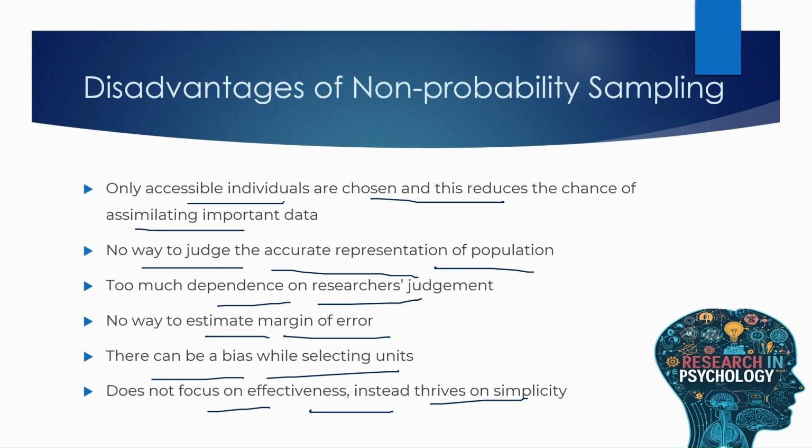There is no science here, there is no data here, there is no effectiveness here. Just what is easy for me, what I can do fast, quickly without making much effort. Alright, so these are the disadvantages of non-probability sampling. And that was all about this particular unit on different probability and non-probability sampling techniques.